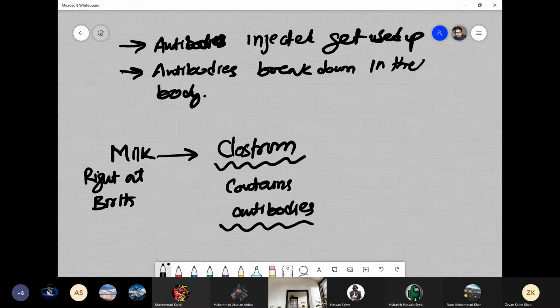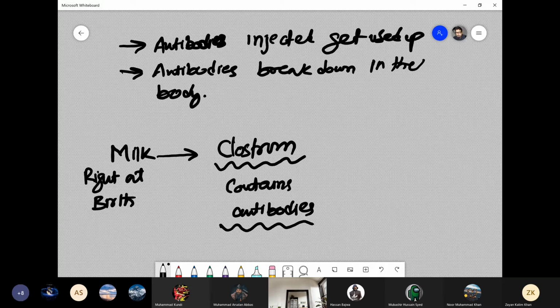They are not exposed to any germ or any pathogen. So when they are born and come into this world, they get exposed to the air and the things around them. And those things, like the air, contain germs and pathogens. So these human beings, these mammals, can become infected.